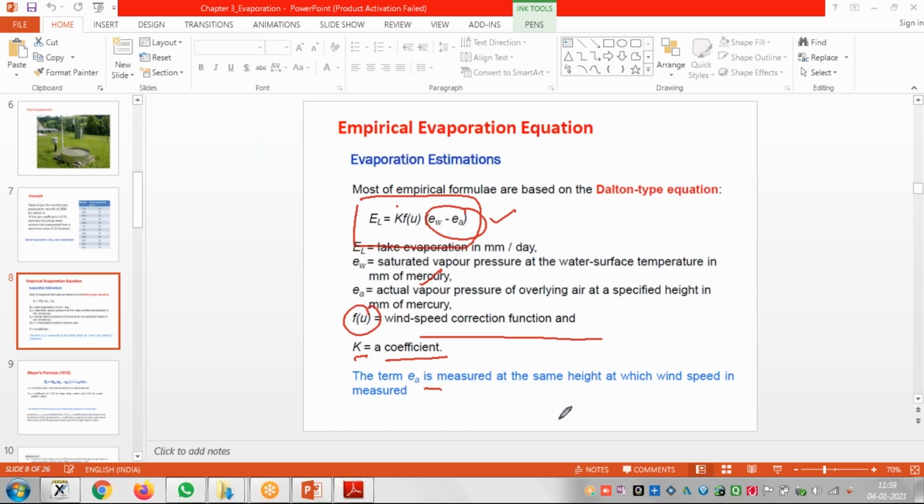Ea is taken at the same height at which wind speed is measured. So Ea is measured at the same height where the wind is flowing, on the same side. What is the height? We will measure that.